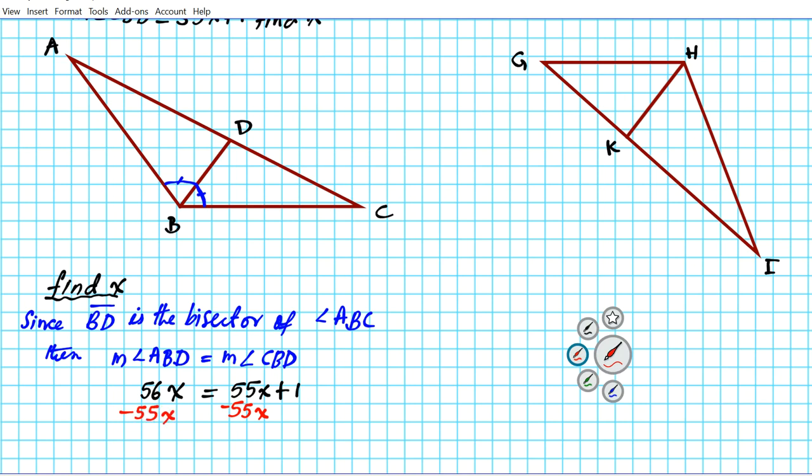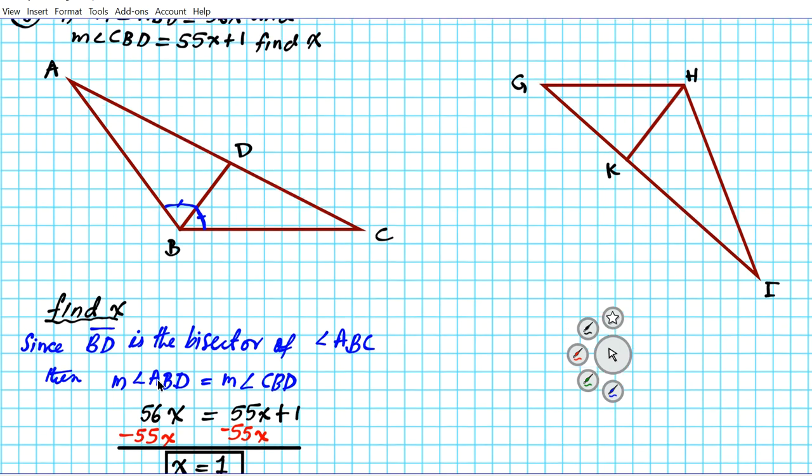Because it's positive, you do the inverse operation, subtract that, and then you end up with 56 minus 55, that's just x, is equal to, so that adds up to 0. X is equal to 1. Ladies and gentlemen, that is the answer to question number 3.